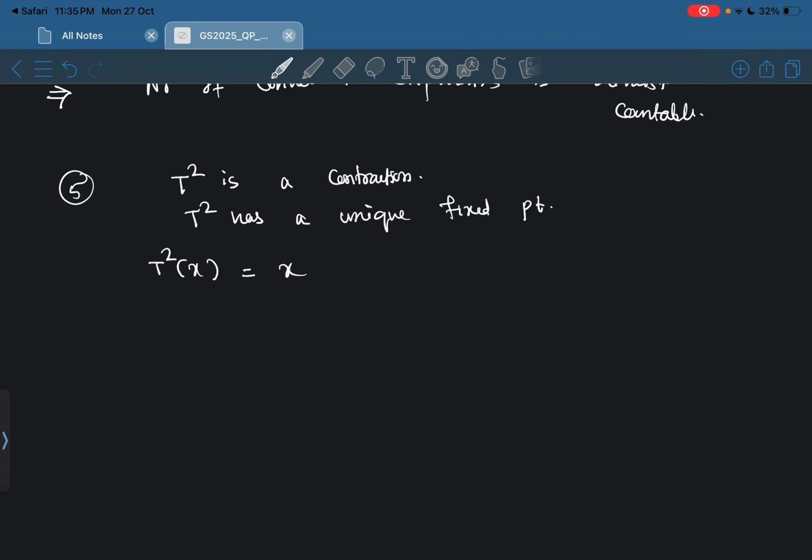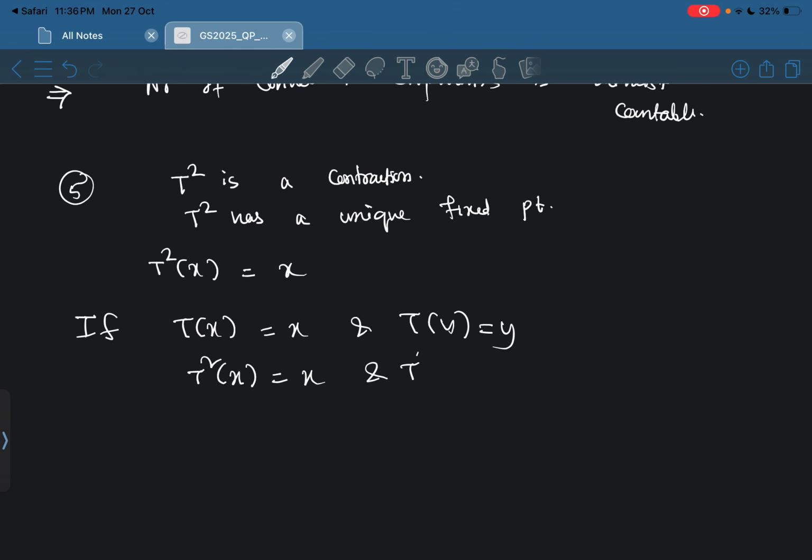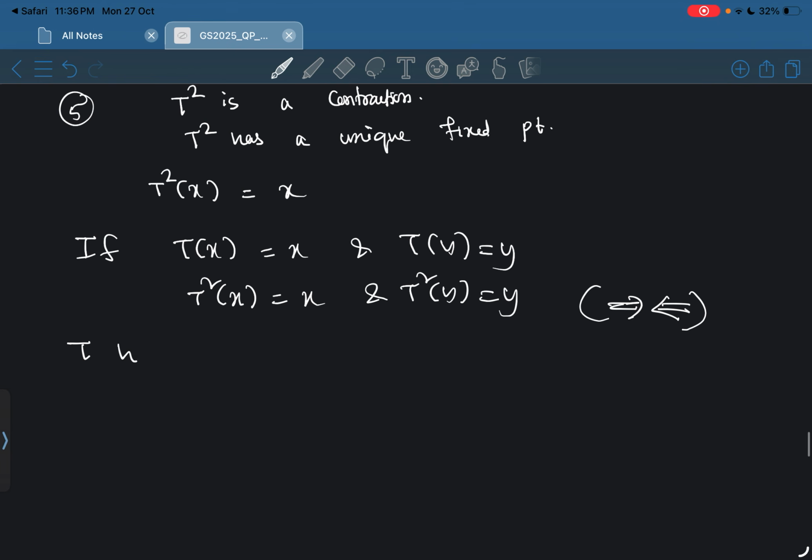Okay, so now observe, if Tx equals x and Ty equals y, then T square x equals x and T square y equals y, which is a contradiction. So this will tell us that T has at most one fixed point, right?